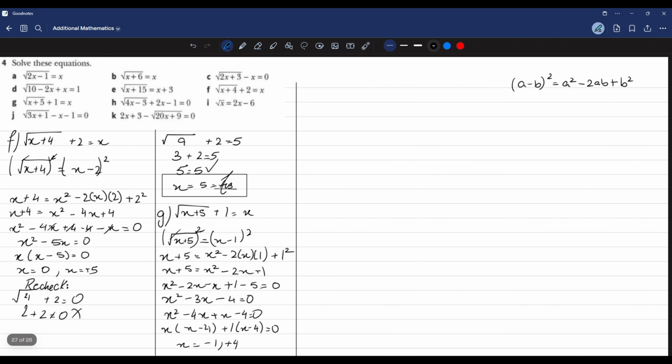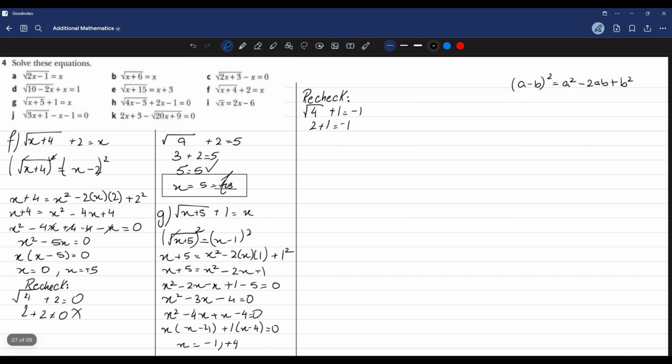Okay, so we have to recheck these values to see if they apply to the equation or not. If I were to recheck them, for x equals negative 1, we have part G right now. Negative 1 plus 5 is equal to 4, and plus 1 is equal to negative 1. So is 2 plus 1 equal to negative 1?